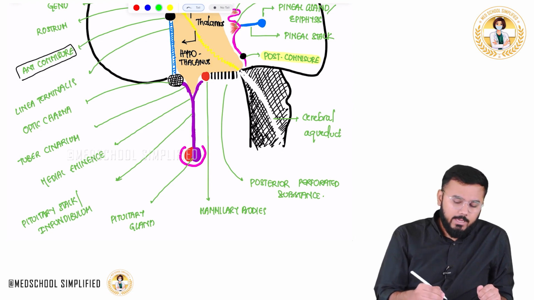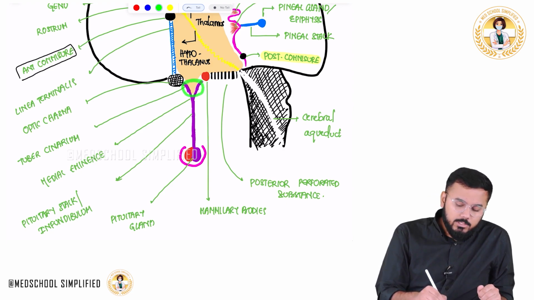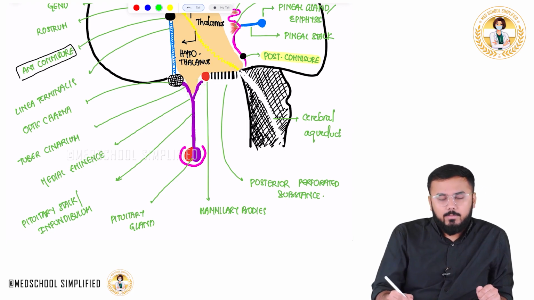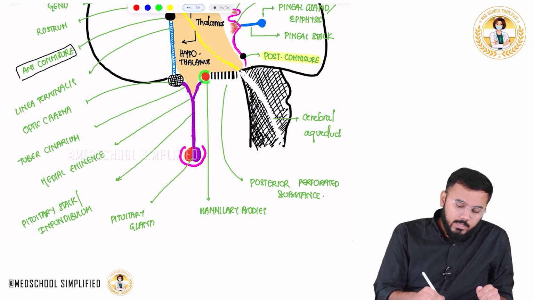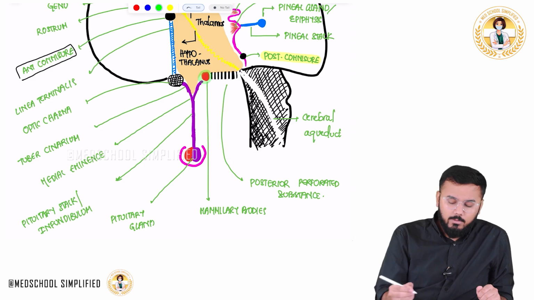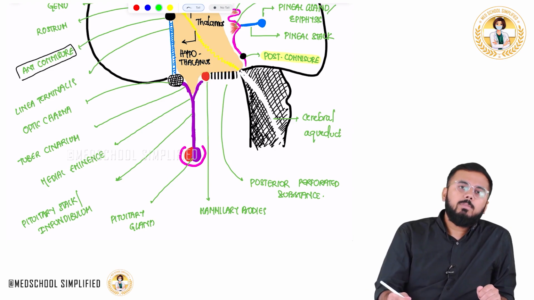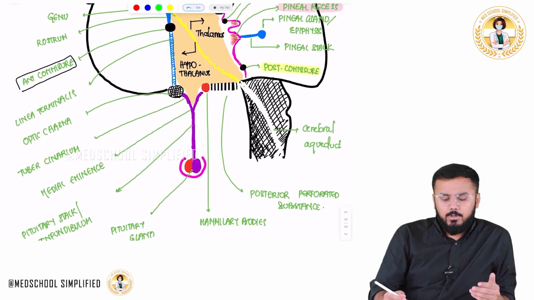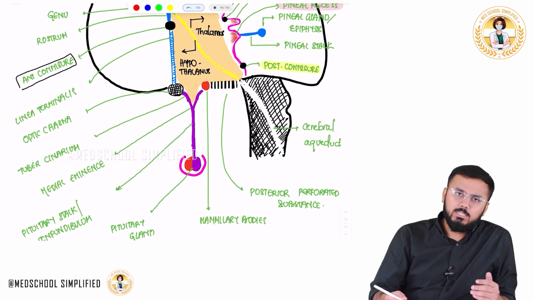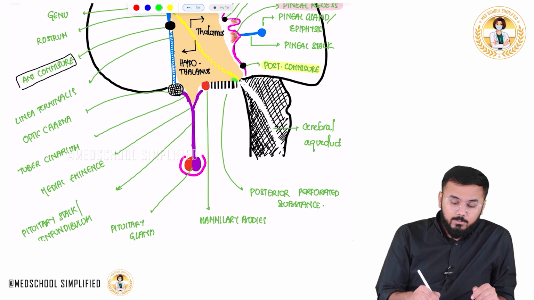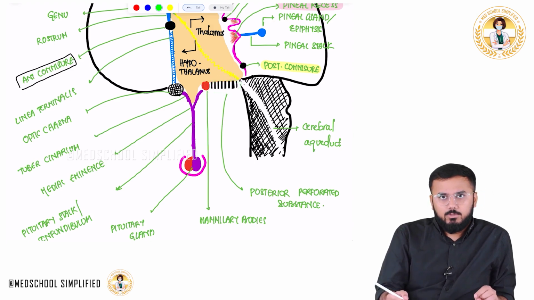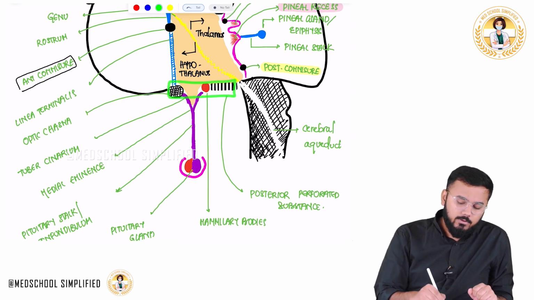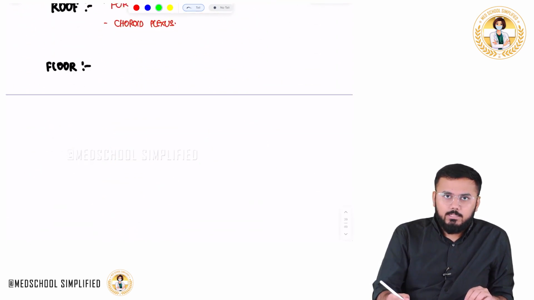Just behind the optic chiasma is your tuber cinereum. And behind the tuber cinereum is your mammillary bodies. On right and left there are two mammillary bodies, but from the medial view or the lateral view, you can see only one mammillary body. Behind that we have got the posterior perforated substance. So these are the structures that are forming the floor of your diencephalon, right?